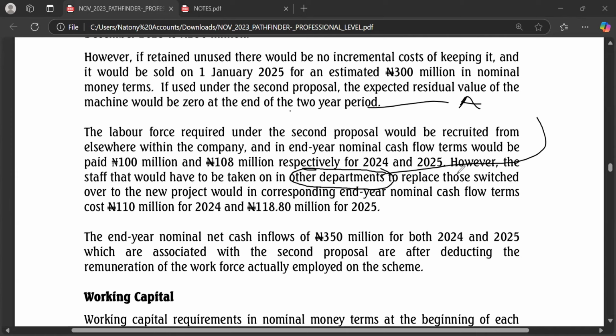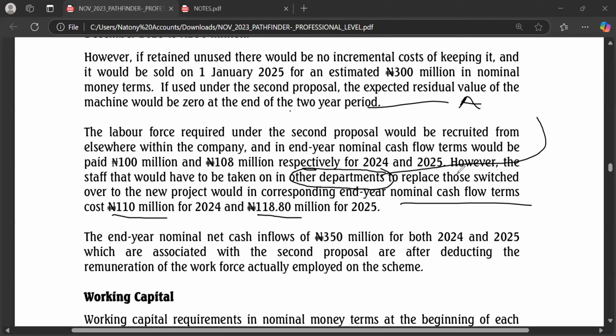So this is what the cost of their engagement will be: replacing those switched over to the new project will, in corresponding year-end nominal cash flow terms, cost 110 in 2024 and 118 in 2025.